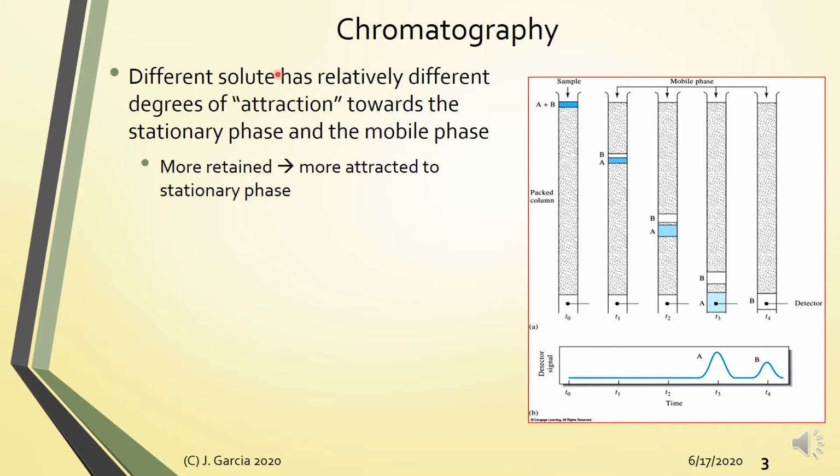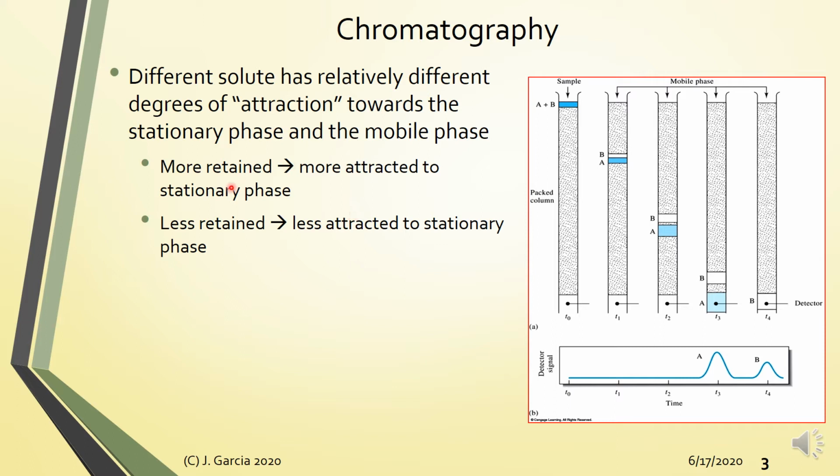Those components that are more retained, or have slower migration rates, are said to be more attracted to the stationary phase than the mobile phase. Vice versa, if you have a component that is less retained, meaning the migration rate is faster, then we say that this particular component is less attracted to the stationary phase and more attracted towards the mobile phase.